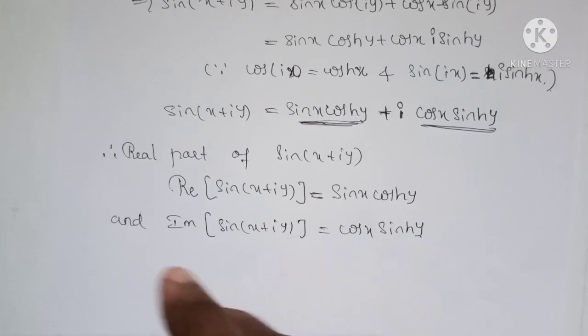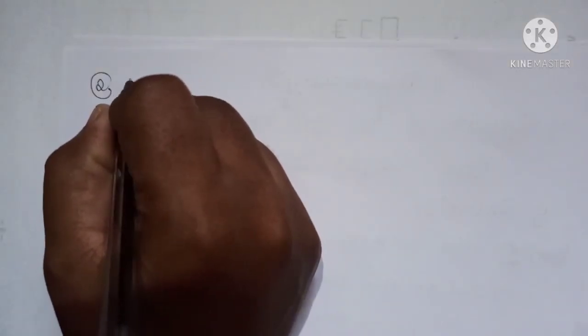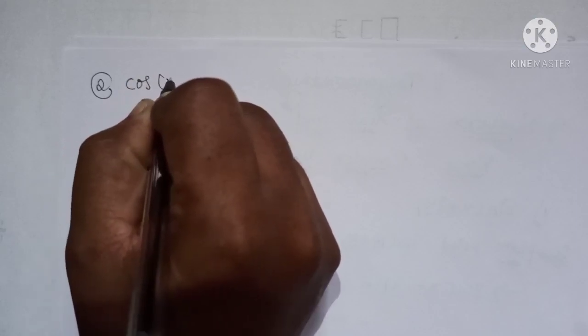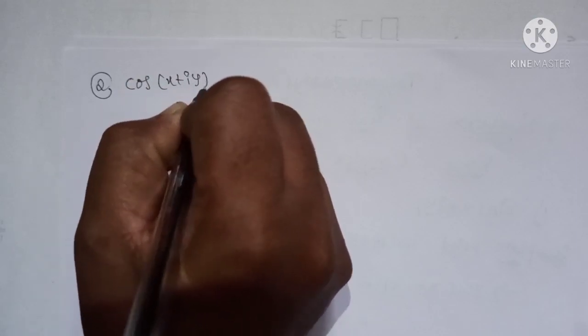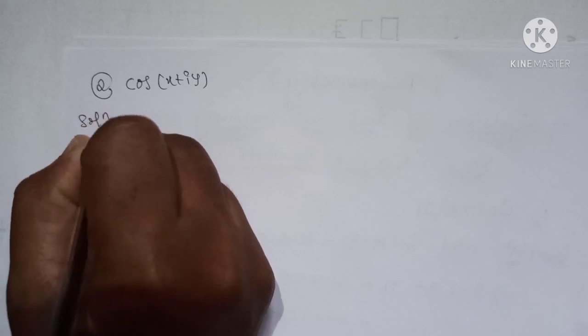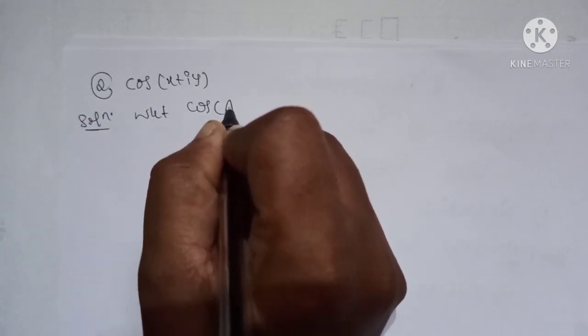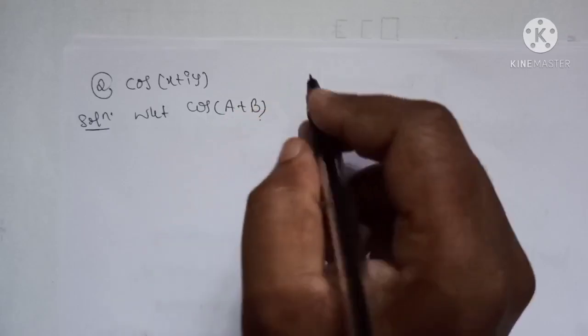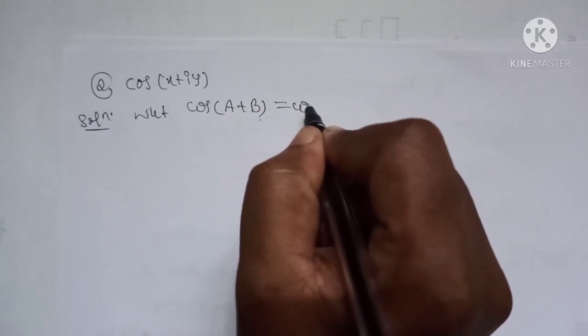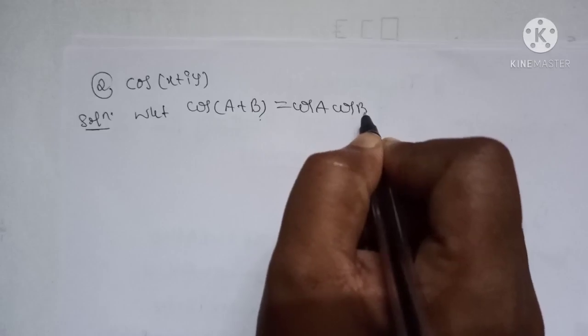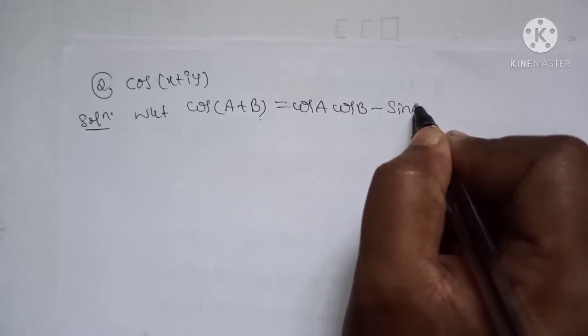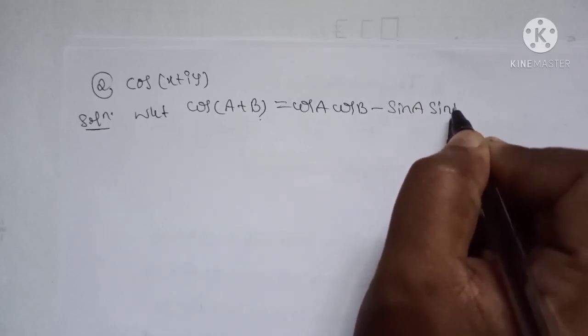Second one, similarly, the second function, given that cos of x plus iy. Solution: we have cos of a plus b is equal to cos a cos b minus sin a sin b, right?